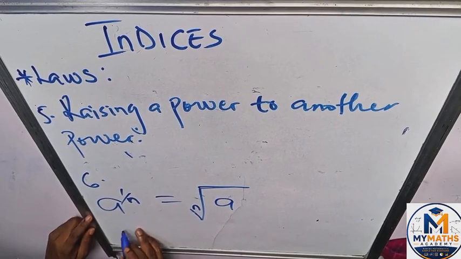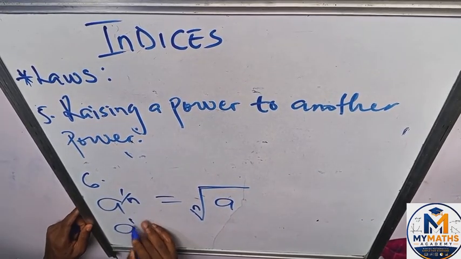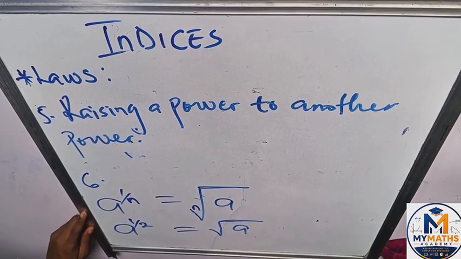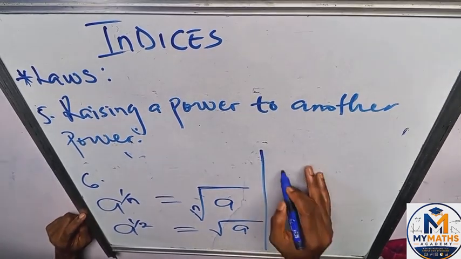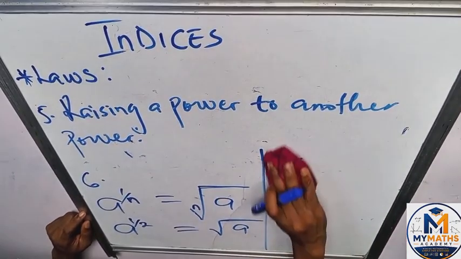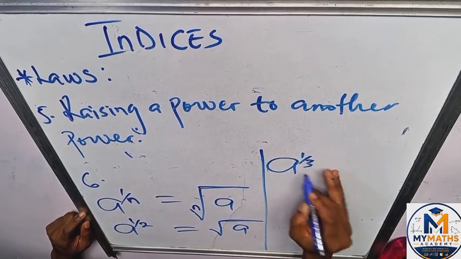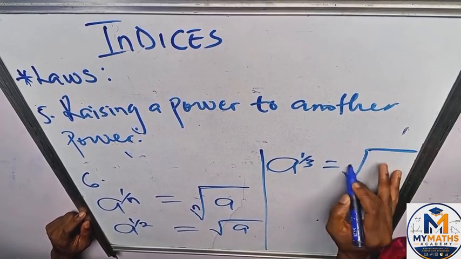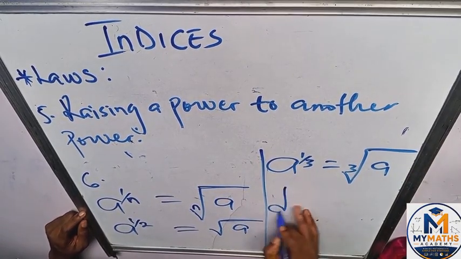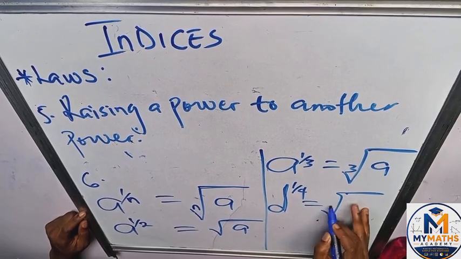Let's say for example, if I have a raised to power 1 over 2, that means it's going to be the square root of a. And again, if I have a raised to power 1 over 3, it means the cube root of a. If I have a raised to power 1 over 4, it means what?